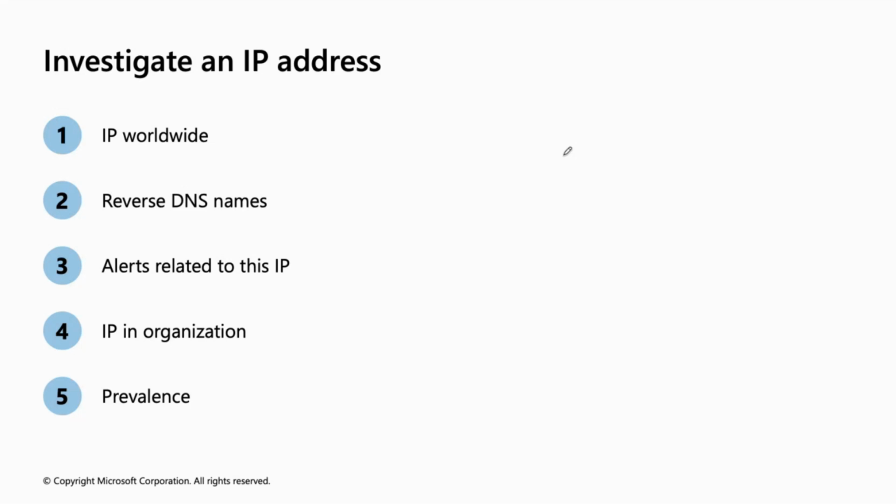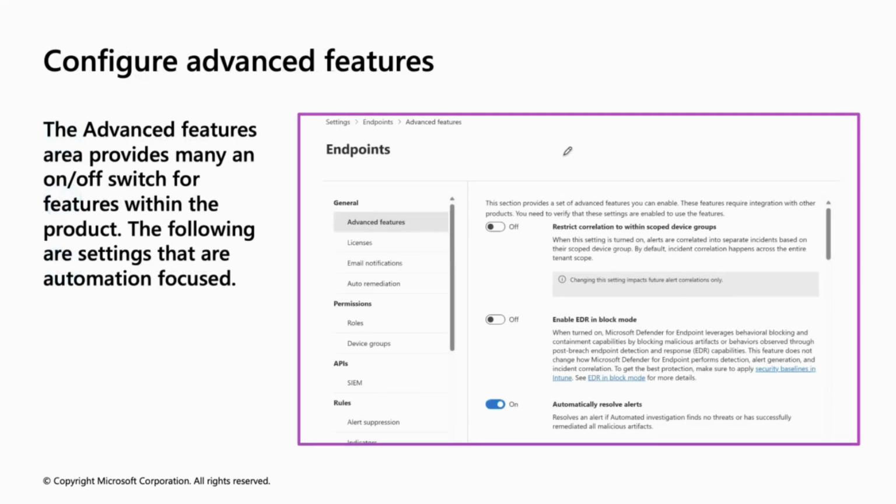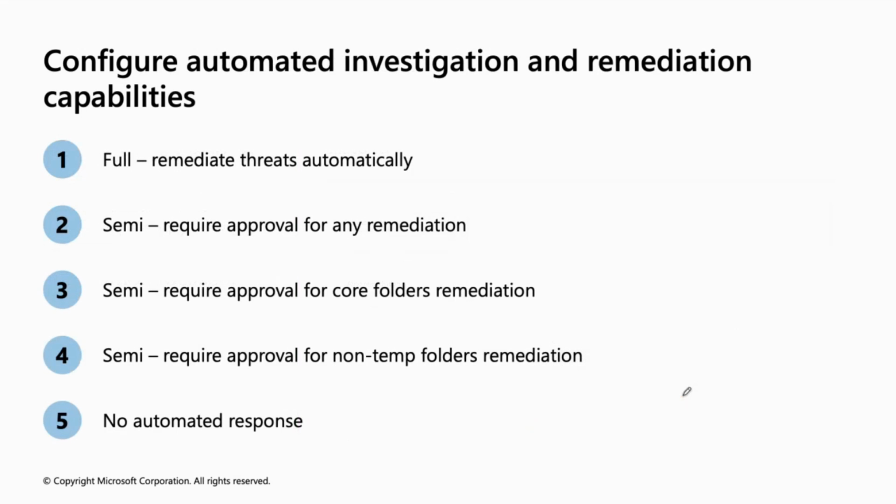Then, of course, you can configure automation in your devices. These are some advanced features that you can enable to automatically resolve alerts. So you as an admin or security operations team can set up the policies and the alerts will be resolved automatically. Now, when you are configuring automatic investigation, these are some capabilities you get.